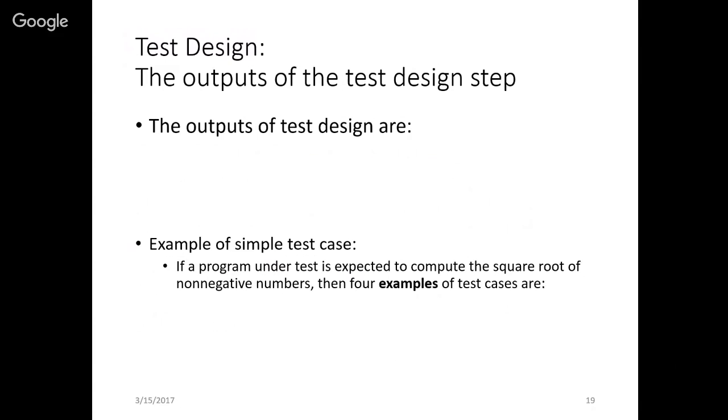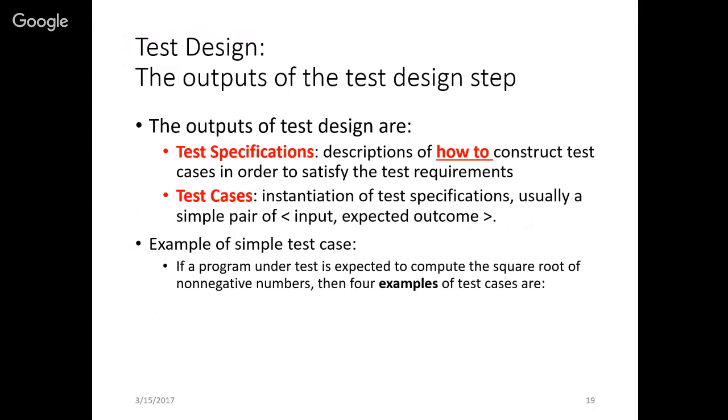So what's the output of the test design phase in test activities? When I design tests, I set test criteria and test requirements. Based on that, I create test specifications and test cases.